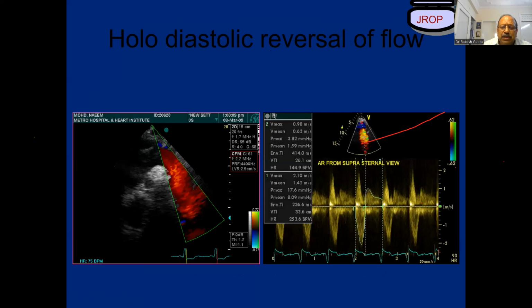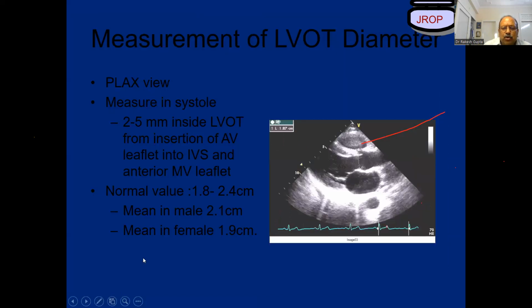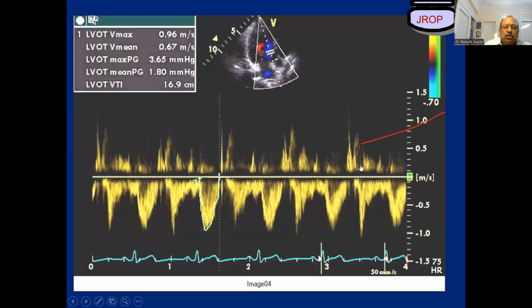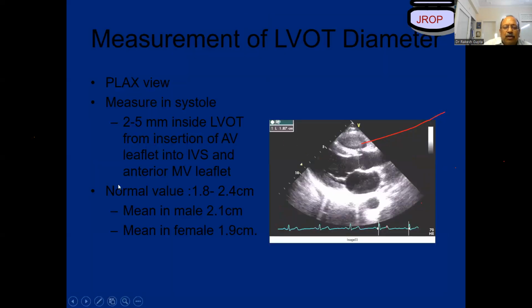At this level, you need to understand that we have to calculate the stroke volume across the LVOT. And that stroke volume across the LVOT is the LVOT diameter divided by 2, which gives you the radius, then pi r square. That is the LVOT area, into the velocity time integral, which will give you the stroke volume. So in this patient, look, what is the LVOT diameter? 1.87. Divide this 1.87 by 2.